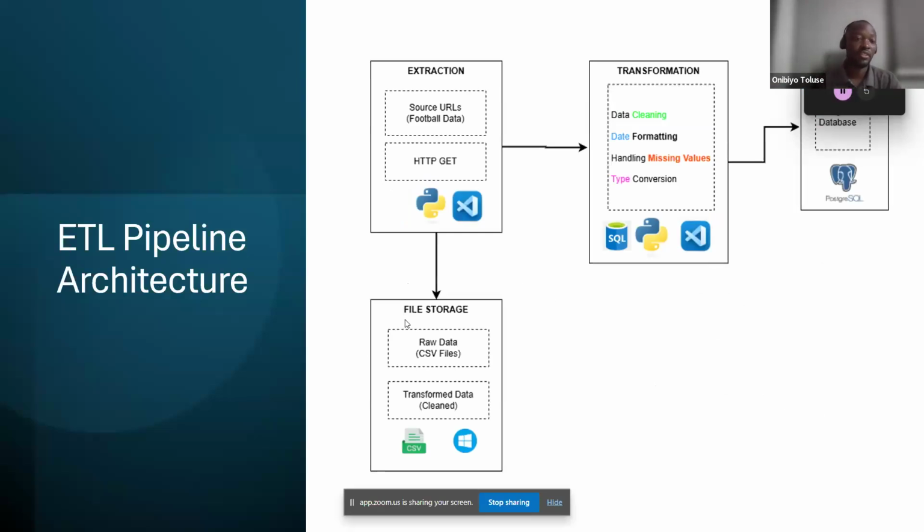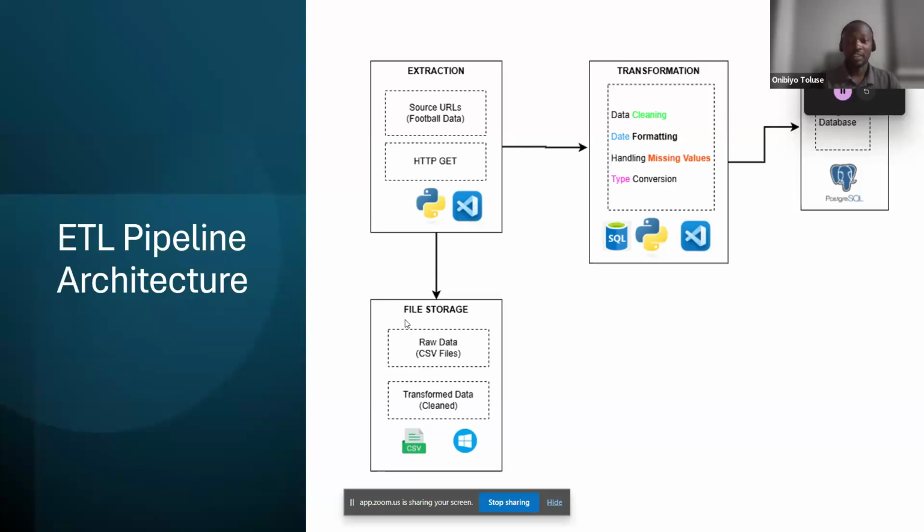So for this particular pipeline that was created, I used Python and VS Code, SQL, Postgres database. Then, in terms of persisting the data, we leveraged the task scheduler on the Windows operating system.